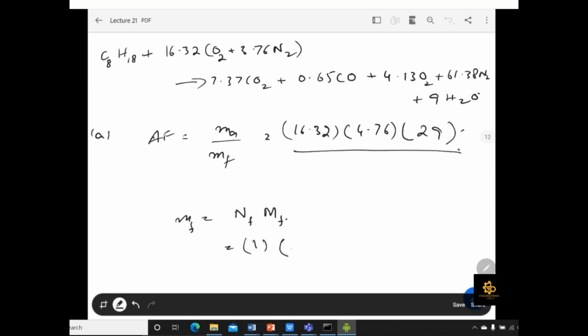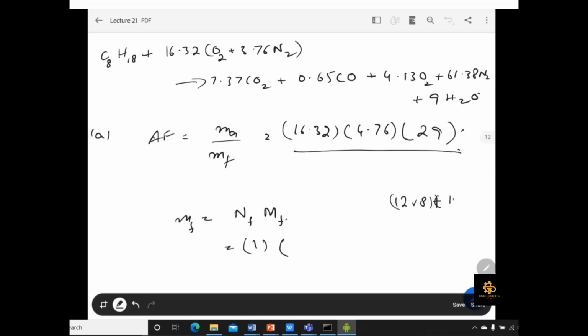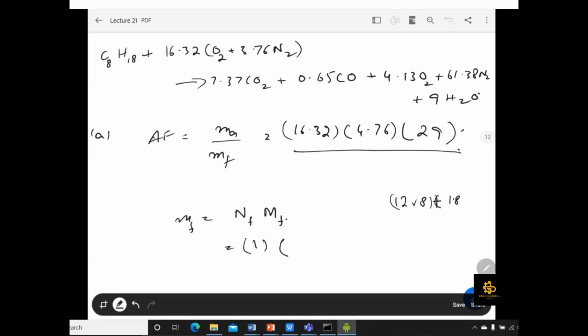total fuel. Okay, so molar mass of total fuel is I think 12 into 8 plus 18 into 1.